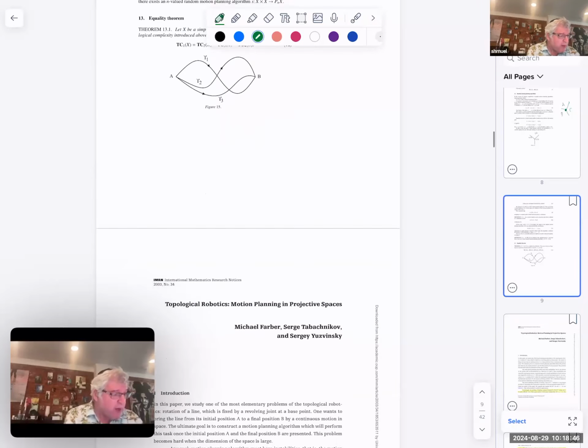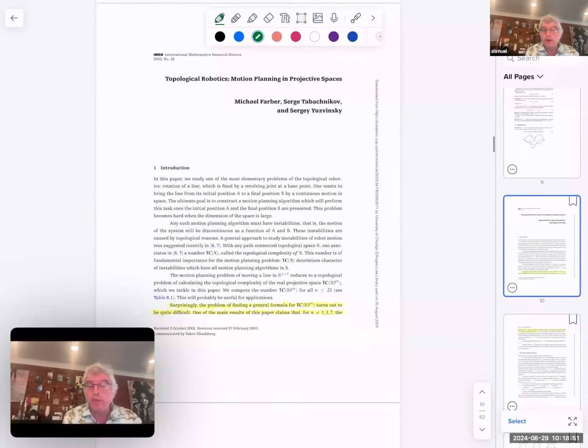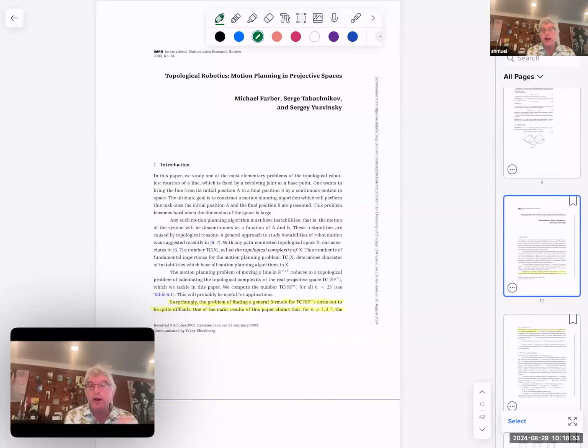Okay. And let me also mention one more beautiful paper, which I will soon be contrasting to, which is this paper of Misha, Tabachnikov, and Uzvinsky, which I think is a milestone in the subject, where they calculate what happens for RPN.